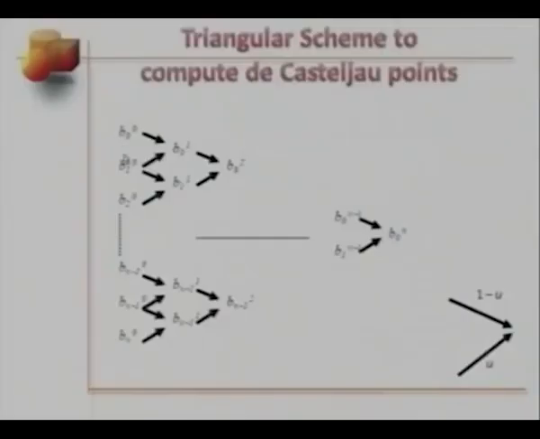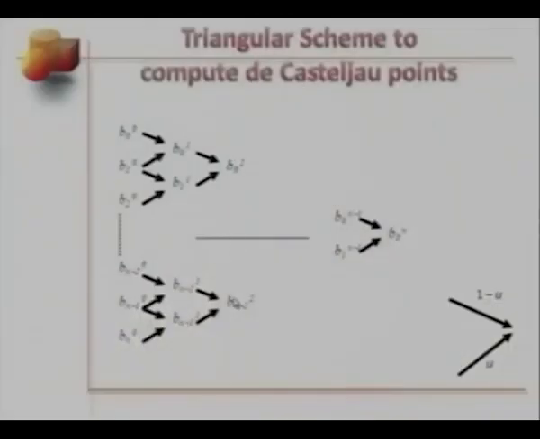There is a point I want to mention here. This column, the very first column, contains the position vectors of all the design points. By that I mean that in this entire triangular scheme, we are working individually with the x coordinates, with the y coordinates, and with the z coordinates.